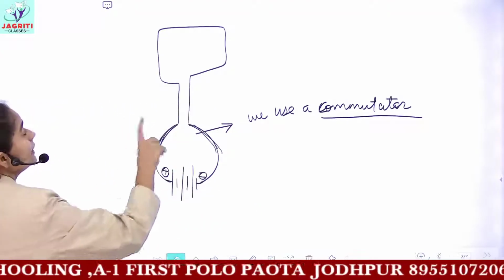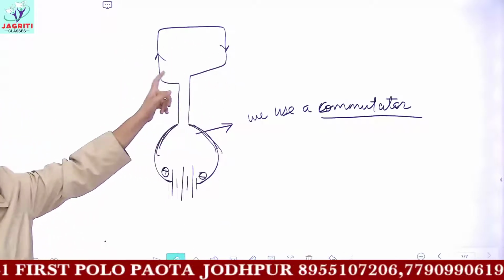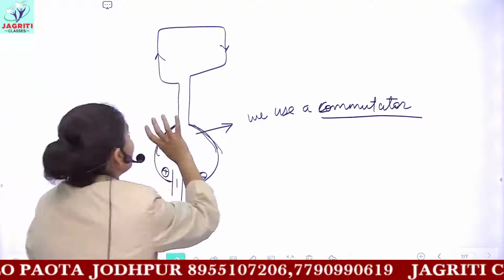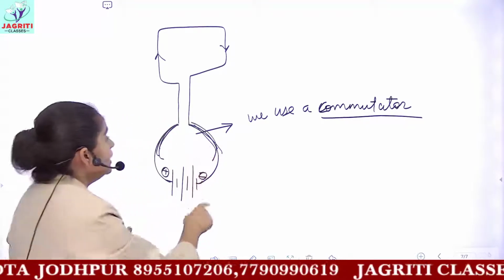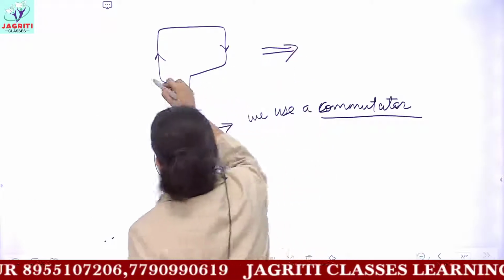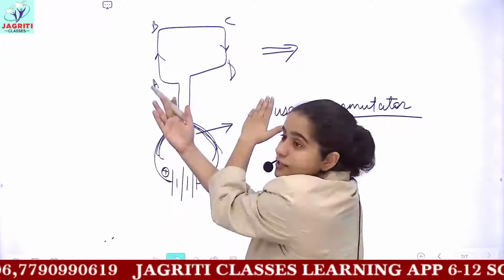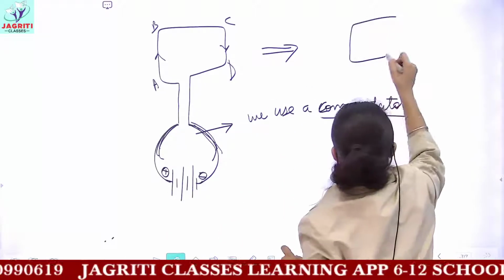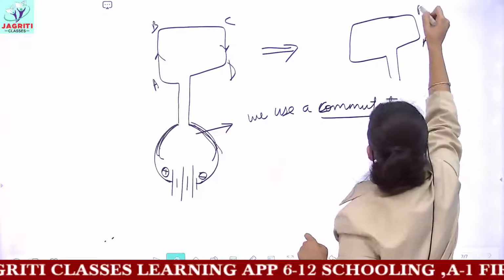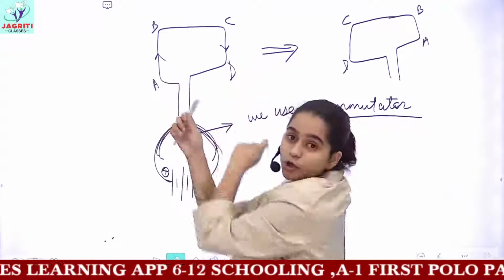Why do we not make things complex? We try to keep all the devices as simple as we can. But here I told you that this would be the direction of current which would be flowing in the coil. Once this coil would move, then these wires would also continuously move. If I don't use a commutator, and let's suppose this is my coil ABCD, now when the coil is moving, these points AB would come here and CD would come here, because the coil has undergone a rotation.